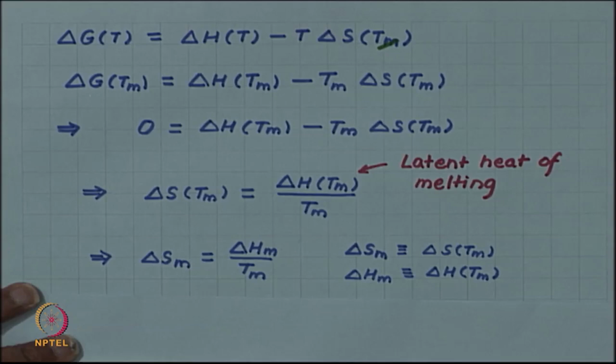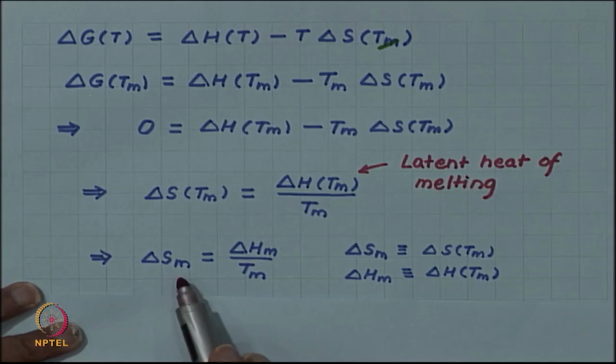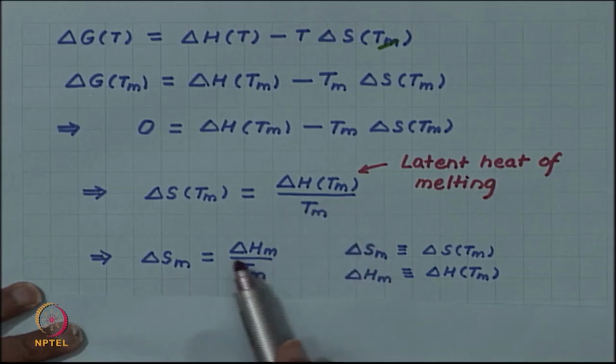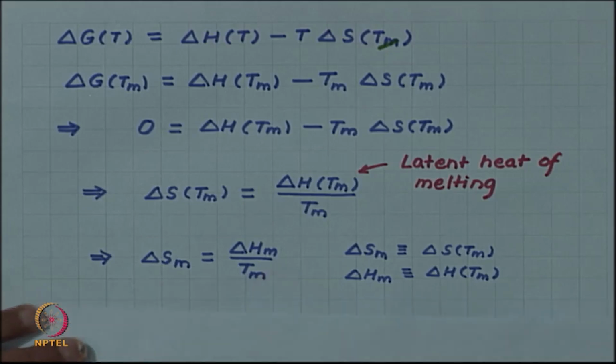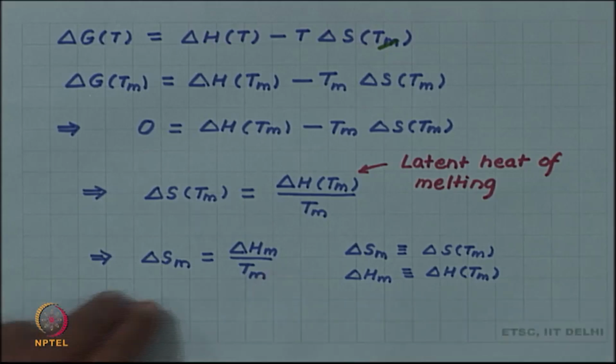We simplify the notation by writing delta S Tm as simply delta Sm and delta H Tm simply as delta Hm. So, we get delta Sm is equal to delta Hm by Tm.